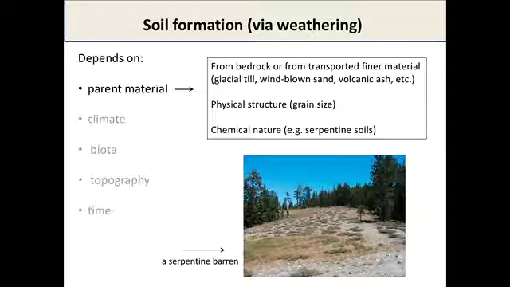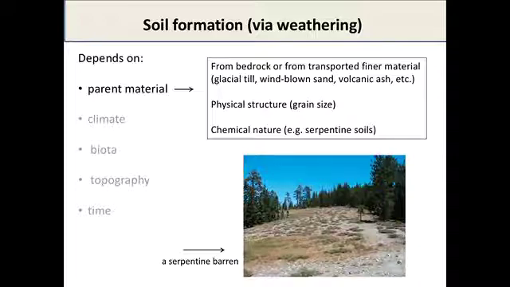So initially, the parent material of soil will be determined by what its constituent material is, what it's made of. Is it bedrock, or is it from transported finer material, like sand or volcanic ash, things like that, that can be moved to an area and deposited?